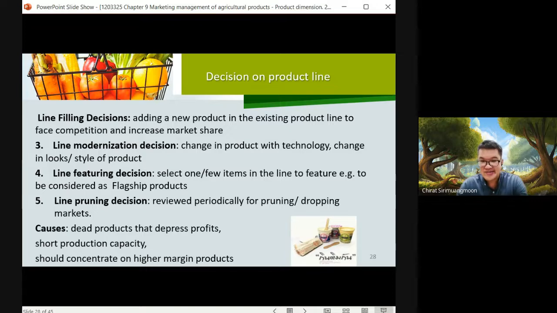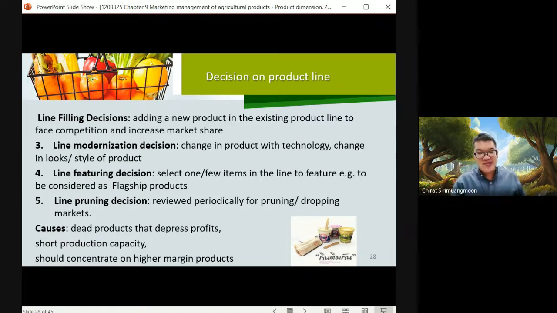Then line featuring. Sometimes it's not possible to promote all 10 products on your market, so you select two or three and promote those as the dominant or flagship products. So we call it line featuring.